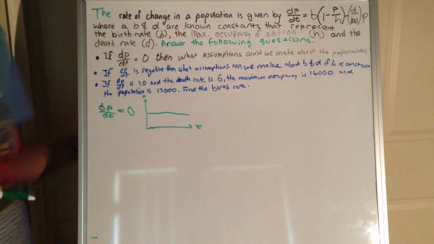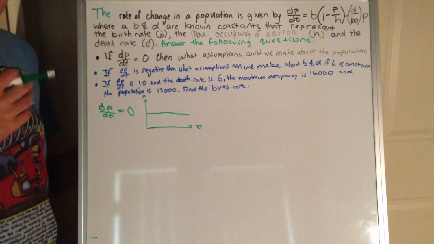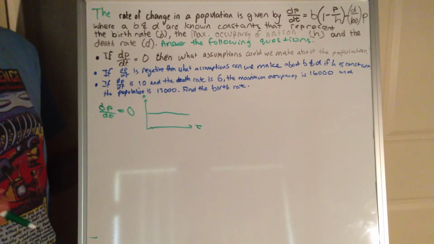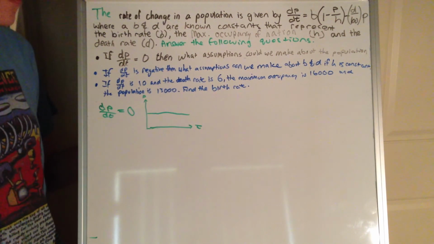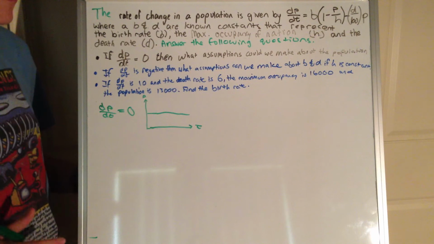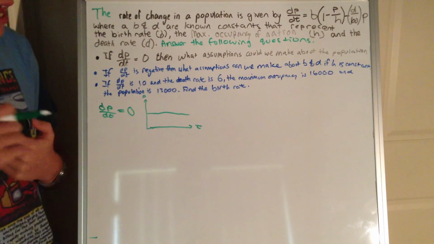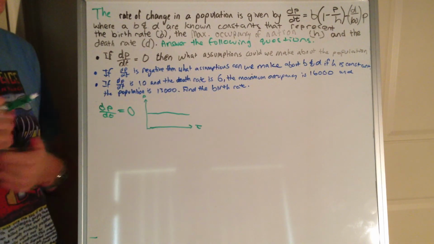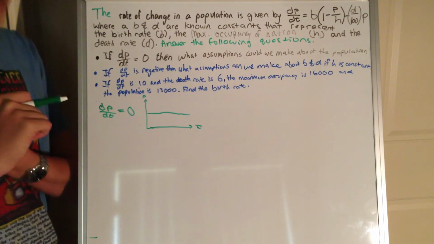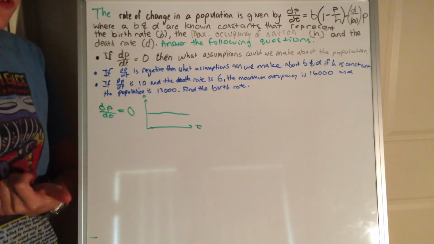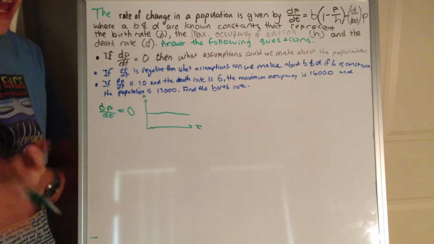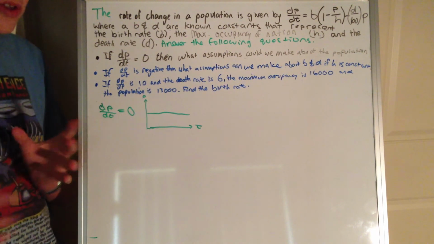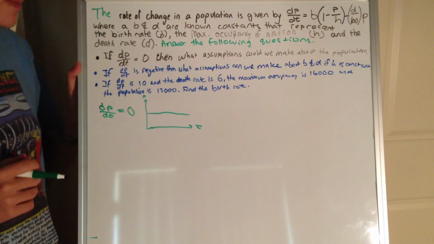So let's have a look at our original equation and work out what factors could mean that there is no change involved. So remember, we have 3 different variables. We have p, and, well, p is population, sorry, but on top of that we have b, which is birth, d, which is death, and h, which is the amount of occupancy within the nation.